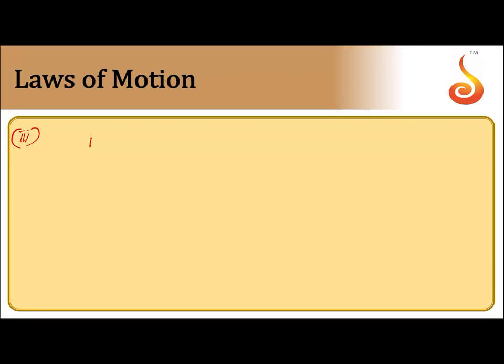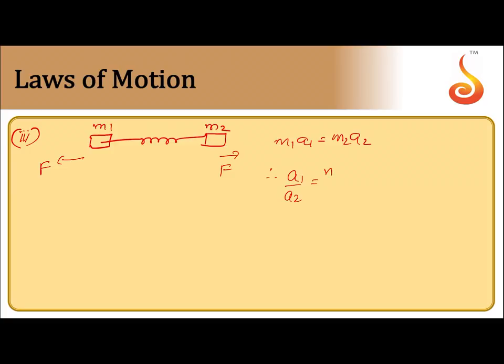Suppose we consider two objects of masses m1 and m2 connected by a spring. Let's assume that they are pulled apart with same forces F each. Then m1a1 is equal to m2a2, and their accelerations a1 by a2 are in the ratio m2 divided by m1. So remember these simple results, quite useful.